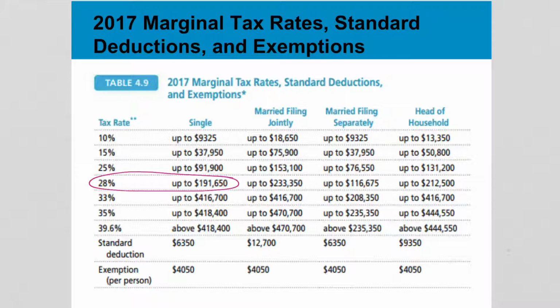Now, that's not quite true though, because you're only taxed 28% on the amount between $91,900 and $191,650. You're taxed 25% on that. Then between this and this, you're taxed 15%. And between here and here, you're taxed 10%.